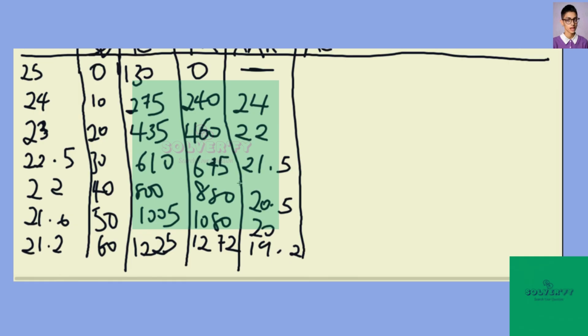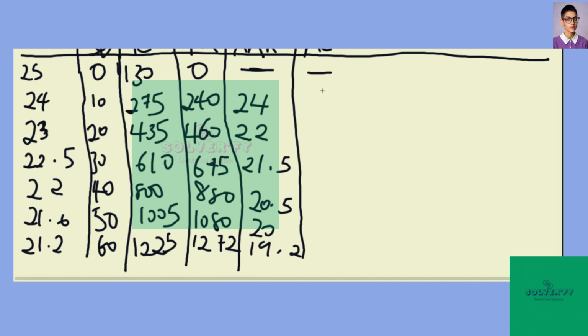We have the total cost divided by quantity. So 130 divided by 0 is 0.